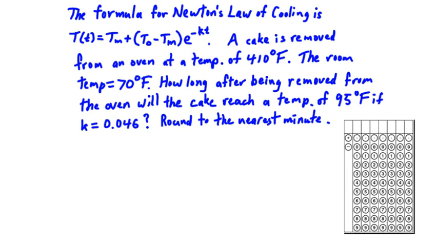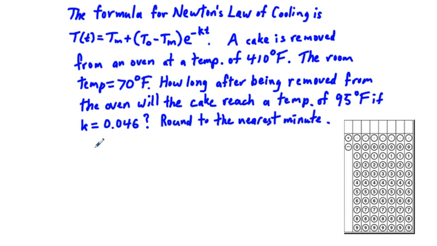Next, the formula for Newton's law of cooling is this one right here. A cake is removed from an oven at a temperature of 410 degrees. Room temperature equals 70 degrees. How long after being removed from the oven will the cake reach a temperature of 95 degrees Fahrenheit if K equals 0.046?